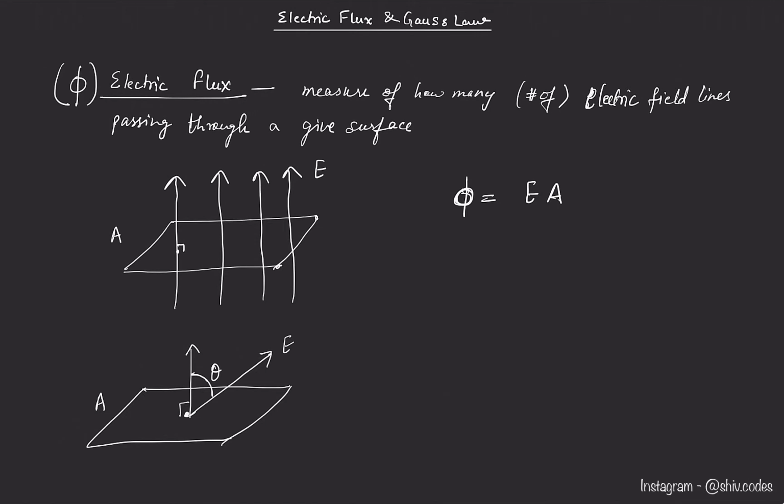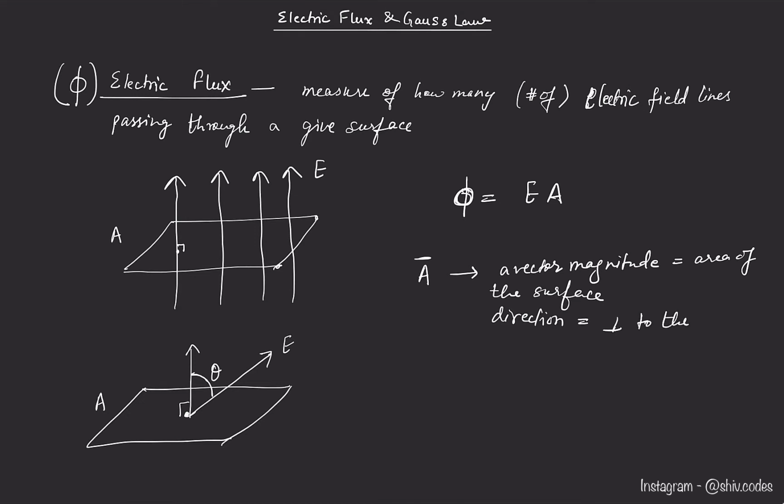So we define something called the area vector, denoted by A bar, a vector whose magnitude is equal to the area of the surface and whose direction is perpendicular to the surface. So in this second example, the area vector is this vector, whose magnitude is A, which is the area of this sheet, and E vector is the electric field vector.